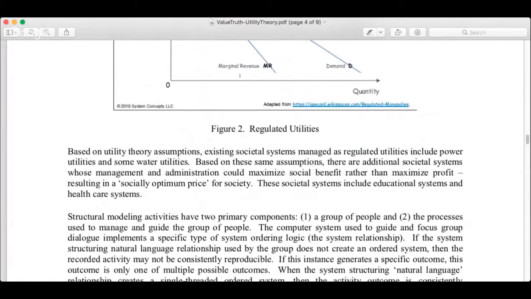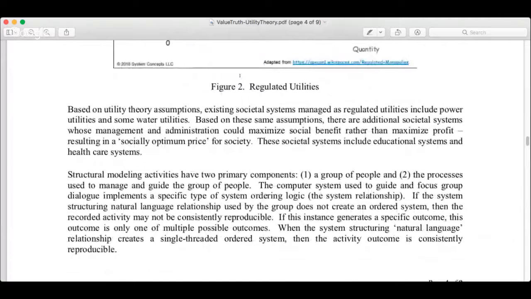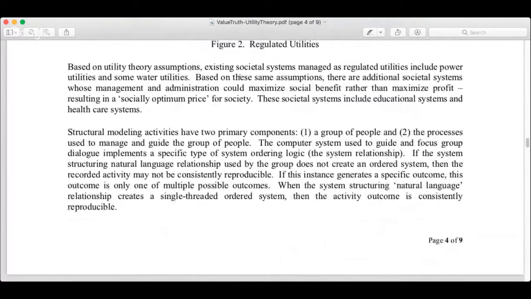structural modeling activities, of course, have the two primary components: a group of people and the process used to manage and guide the group of people. And in the classical GMU ISM software, the computer-based software was really just a system logic unit that was directing the flow of group activity.